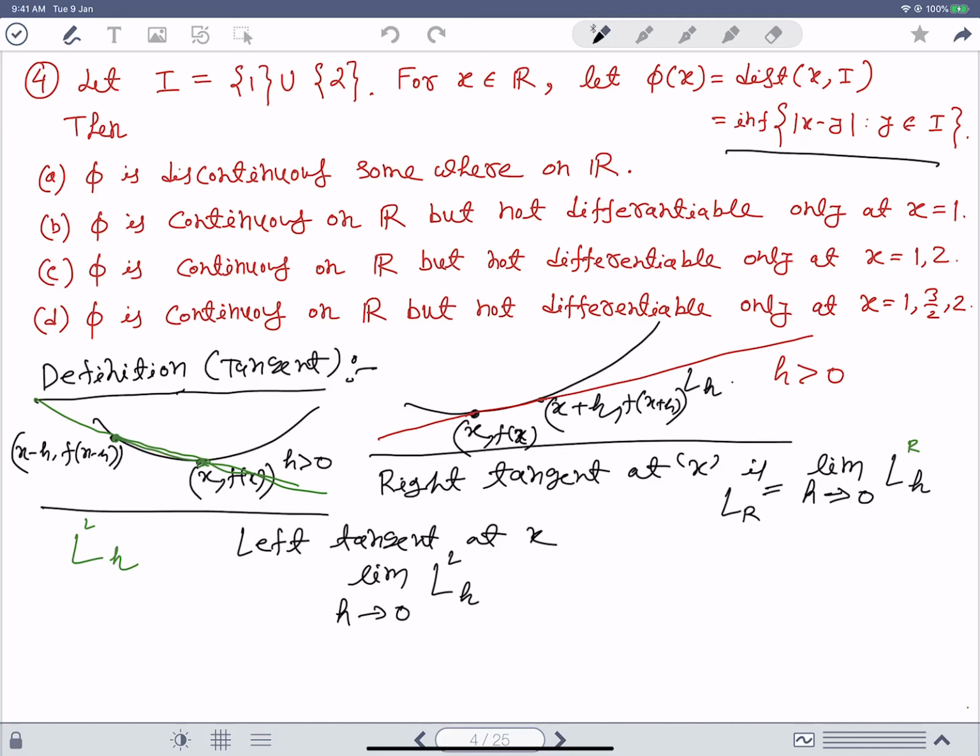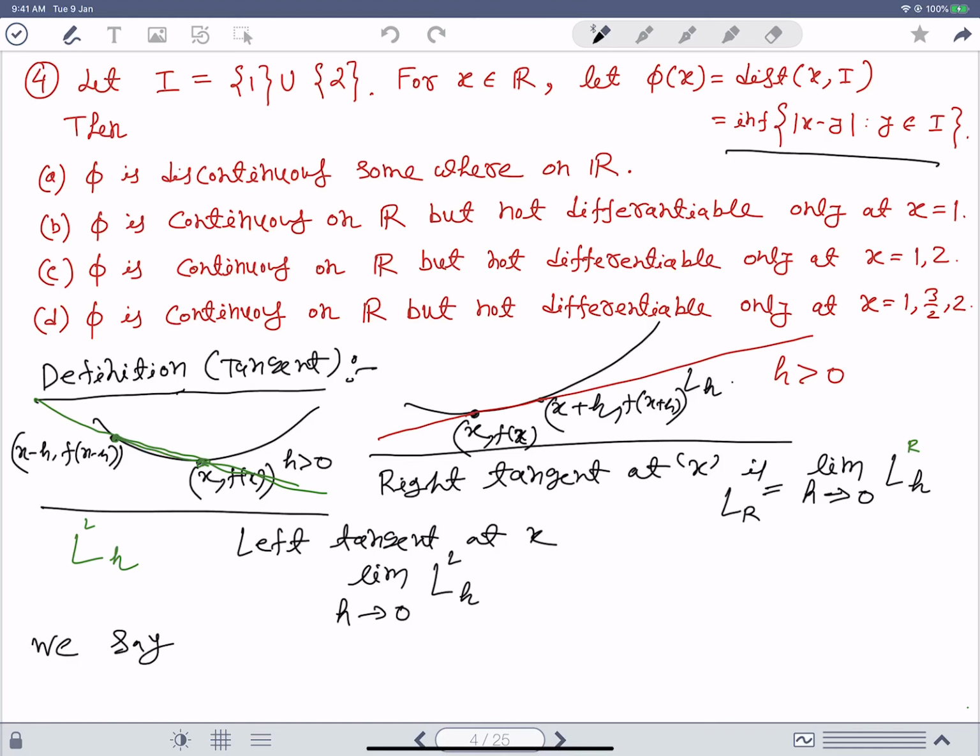Now, we can define a tangent. Sometimes some books have a concept of left tangent and right tangent, and they call both of them tangent. But some of them refer to both as different, and they say that tangent is unique if the left tangent and right tangent are equal.